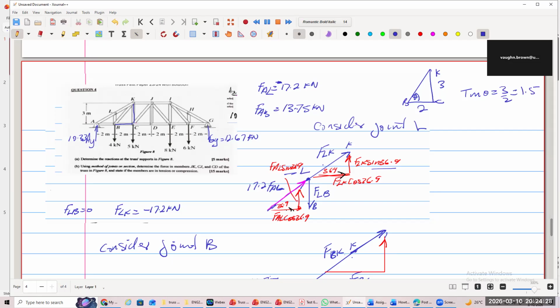So theta is tan inverse of 1.5, which is 56.3. So guys, if you use the one assumed before, you need to check the triangle.